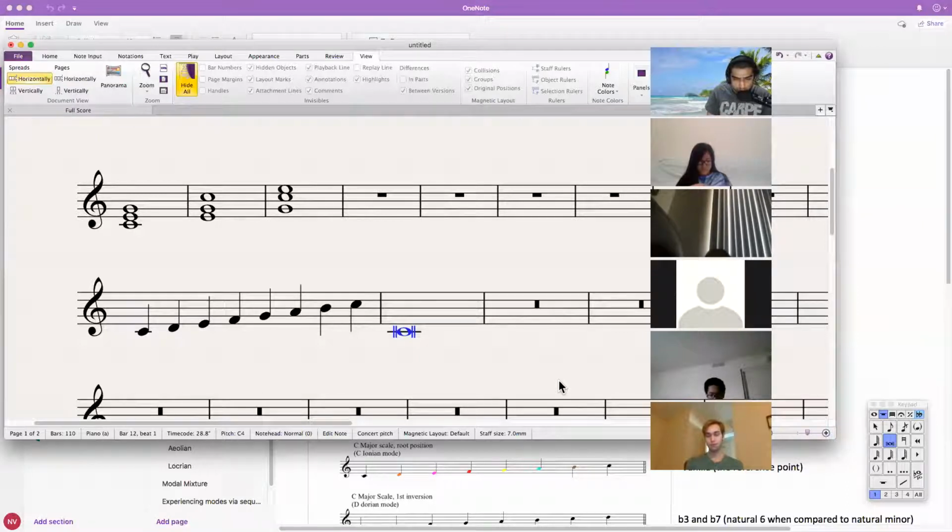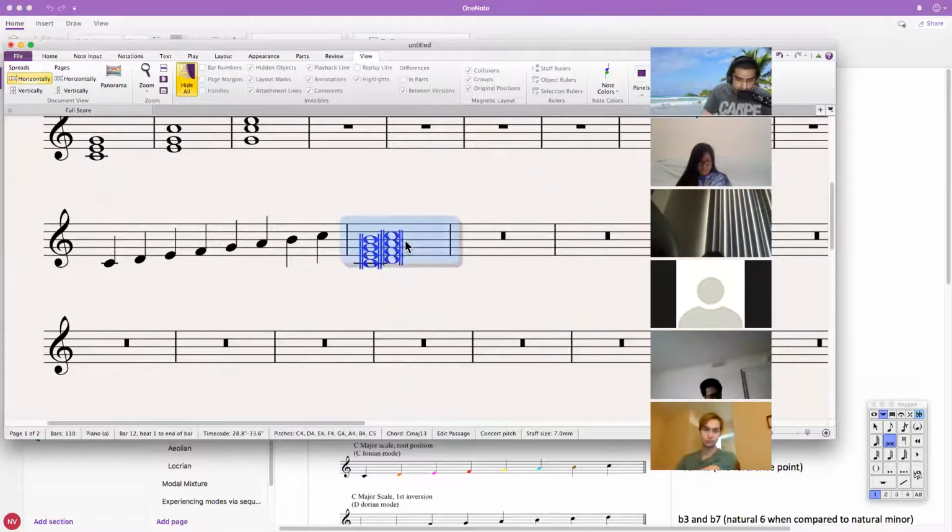This is basically a double whole note, in case anyone's wondering. These are all the pitches of this scale, but organized in a way where it's just one harmonic incidence, where it's basically one chord, right?